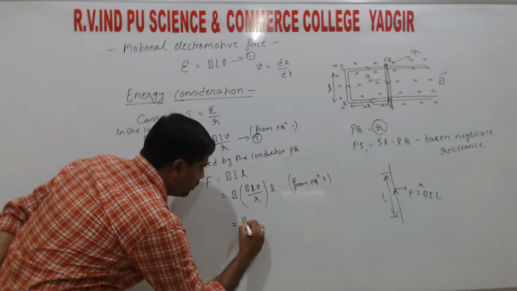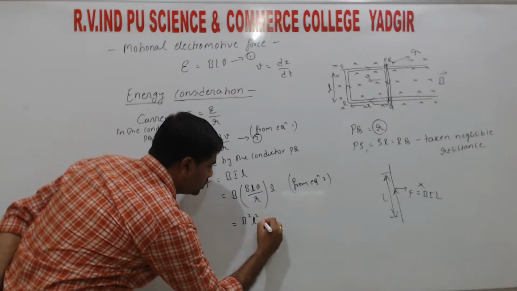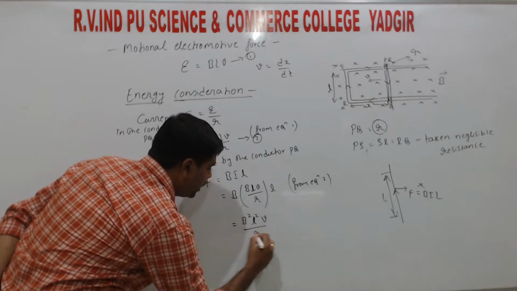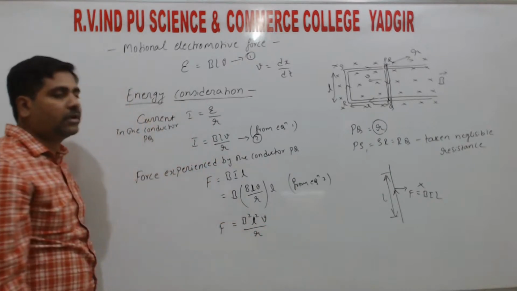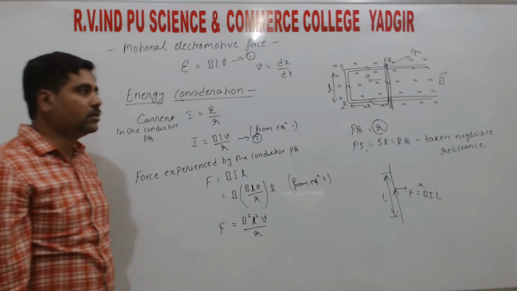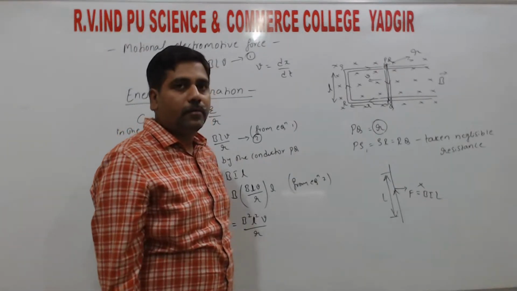Multiplying, we get B square L square V divided by R. So that is the force which is experienced by the conductor, right?